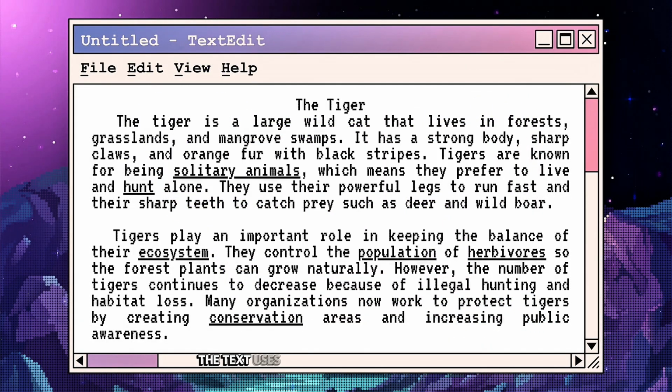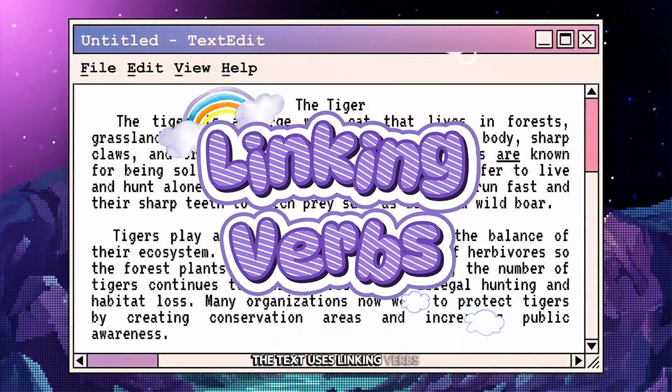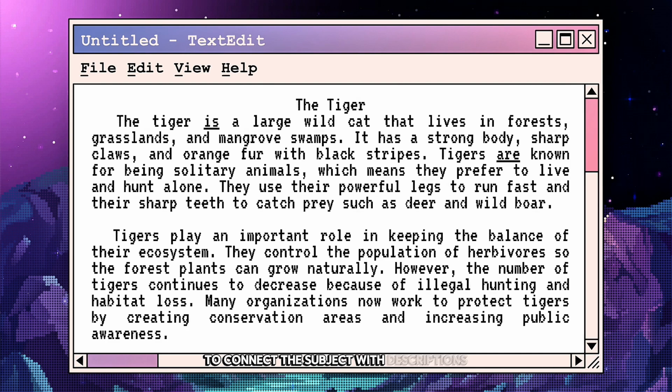How about the technical terms? The text uses technical and scientific terms to give accurate information. It includes technical terms such as ecosystem, herbivores, conservation, population, and solitary animals, which come from biology and environmental science. The text uses linking verbs to connect the subject with descriptions.